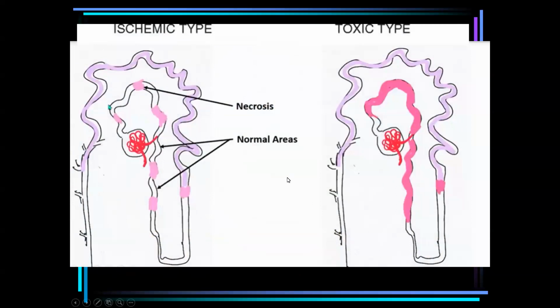This is a diagram in order to show what is expected in patients who have ischemic as compared to toxic acute tubular injury. The patient who is exposed to a certain toxic material from exogenous or endogenous sources, when it is filtered from the glomerulus, the first part that will face this toxic material is the proximal convoluted tubule.